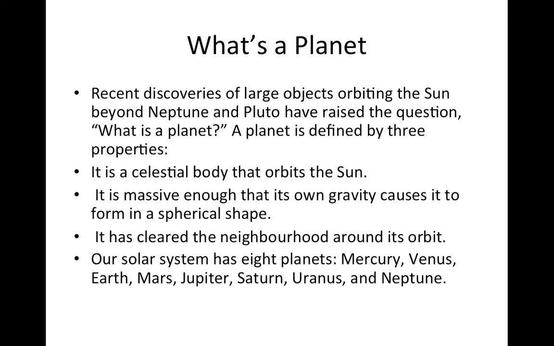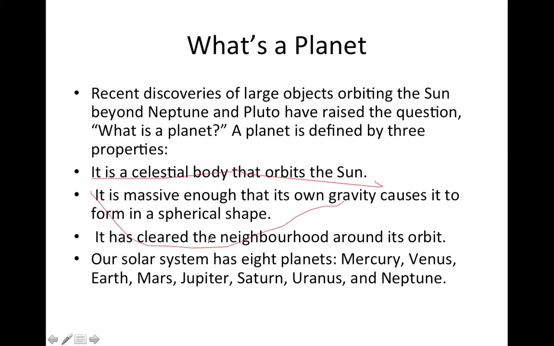So this begs the question: what actually defines a planet? Here we have the 3 qualities that define a planet. A planet is a celestial body that orbits the sun. It has to be massive enough that its own gravity causes it to form a spherical shape, right?